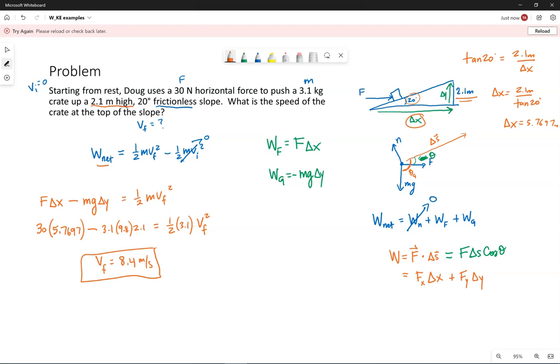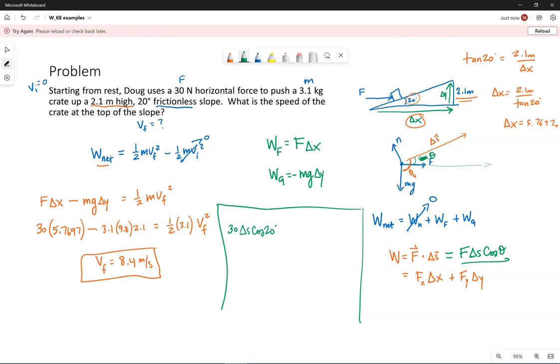Now, side note, if you want to use this F delta S cosine theta, which is fine, the pushing force would be the 30. The delta S we would need to figure out. We know the angle between them is 20 degrees because this force is horizontal. Delta S is up the slope.